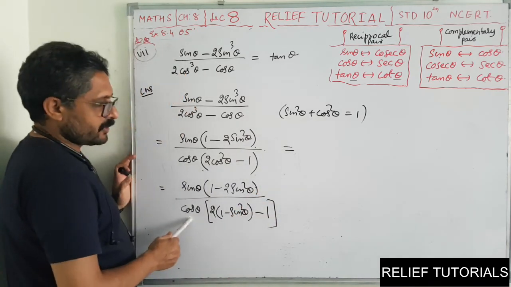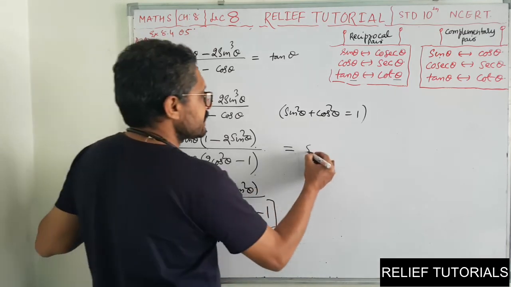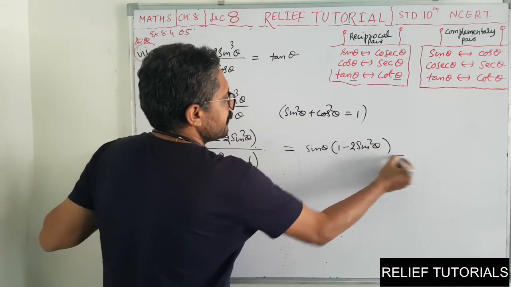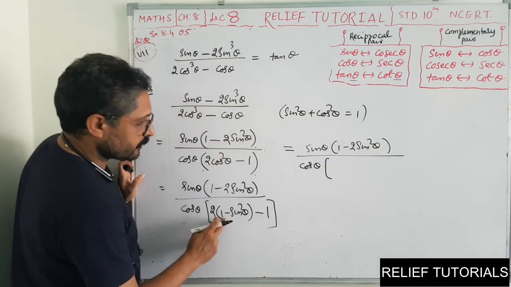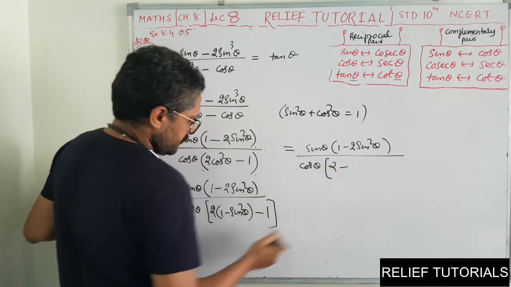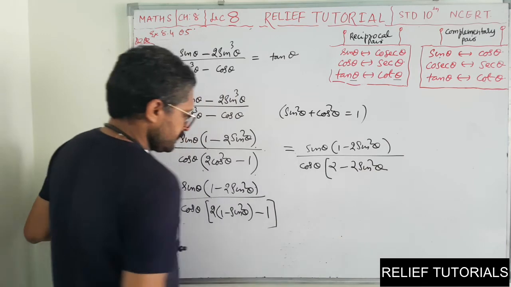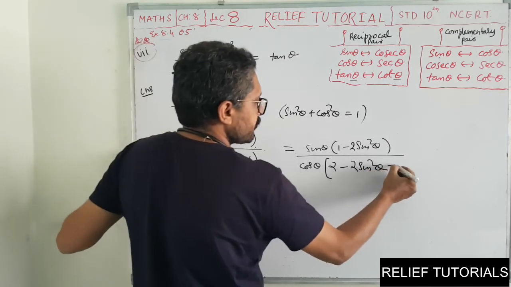Now sin theta upon cos theta. See here, I will open the bracket. This as it is. Sin theta, 1 minus 2 sin square theta, upon cos theta. 2 into 1, 2 minus 2 sin square theta and minus 1.